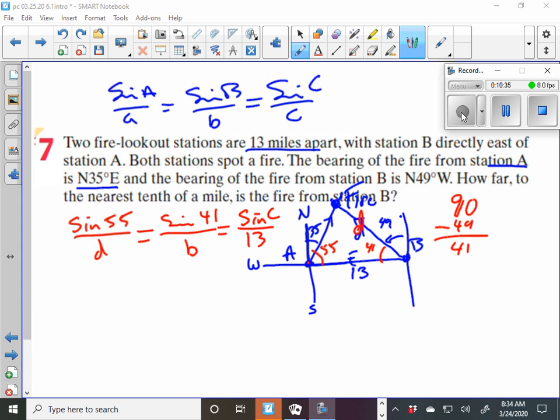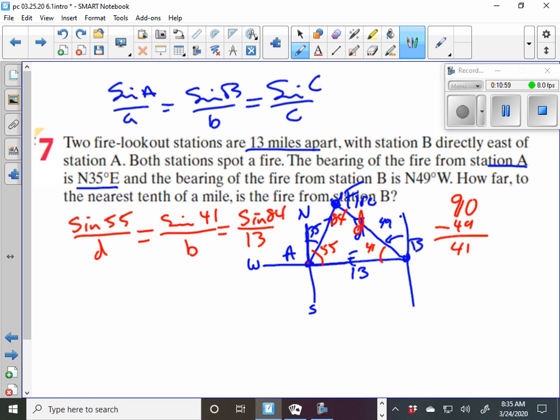Oh, look at that. We don't have a full ratio anywhere. But notice that I have two out of the three angles. I should be able to plug that into a calculator and find out that our angle C is equal to 84. So up here, we're going to replace C with 84.